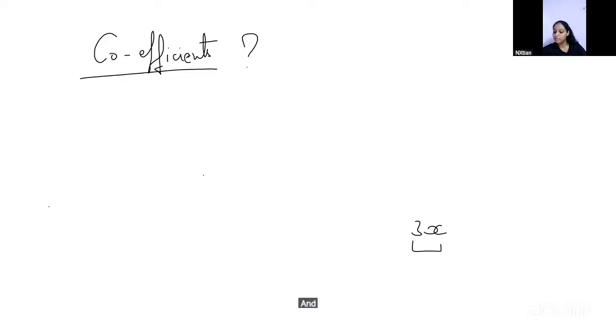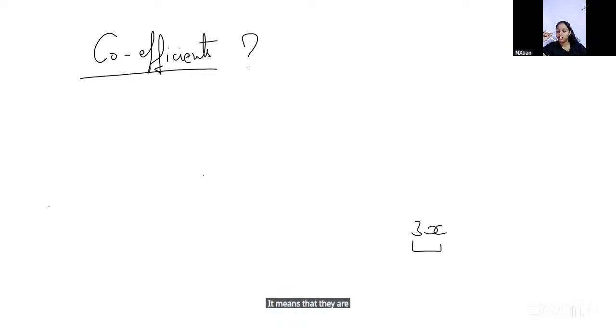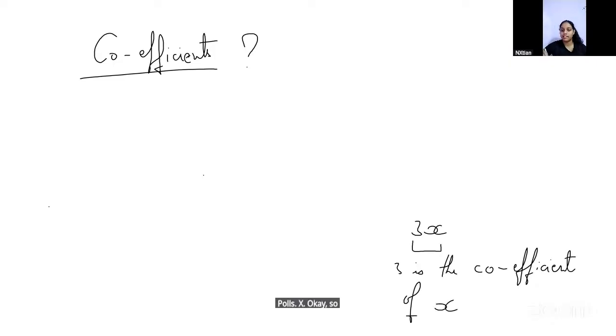And 3 is in multiplication with x because it's written together. When a number and variable are written together, it means that they are in multiplication. So 3 is the coefficient of x. Okay, so you can define it like this.